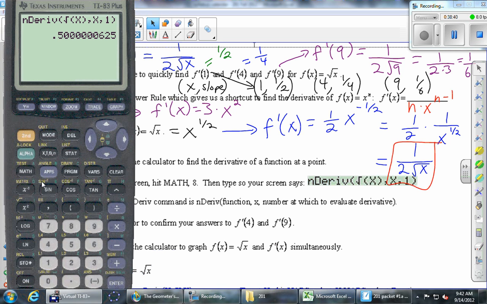Okay, if we wanted to do that again, hit second entry, and let's try to find the derivative at 4. Now we had said the answer was 1/4. How did it do? Did you guys get exactly the same as me or different? Okay, sometimes there's even little differences from one calculator to the next.